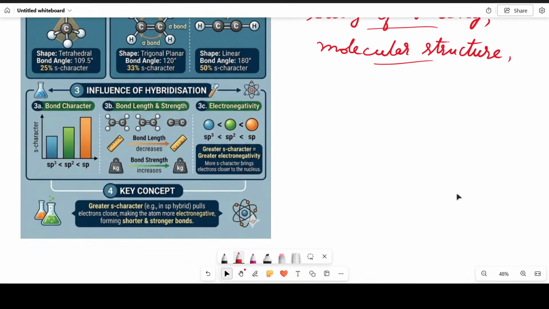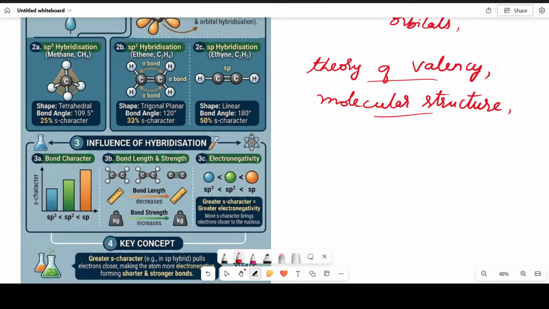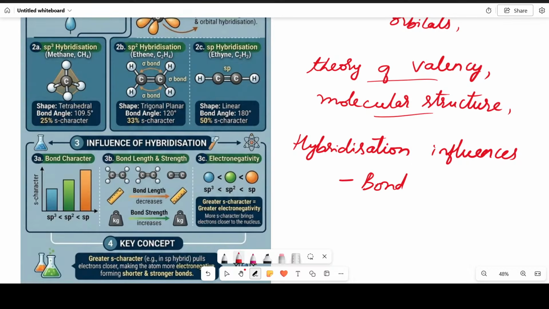Now let us see hybridization. This hybridization influences, you can see the structure also, bond length and bond strength.